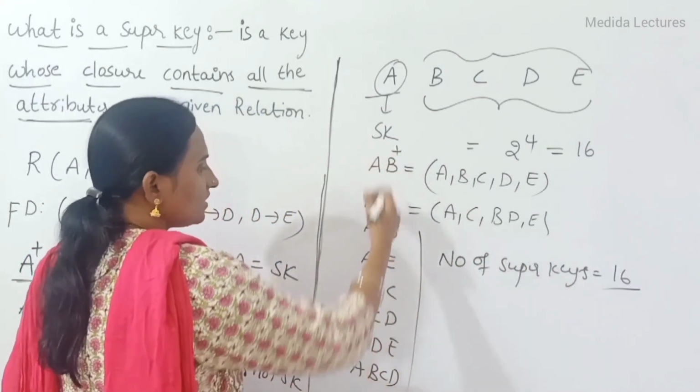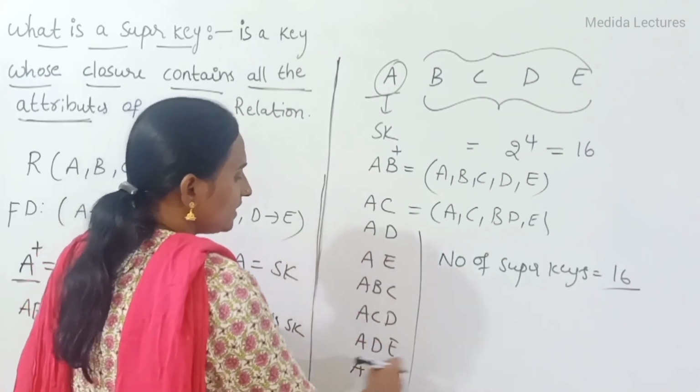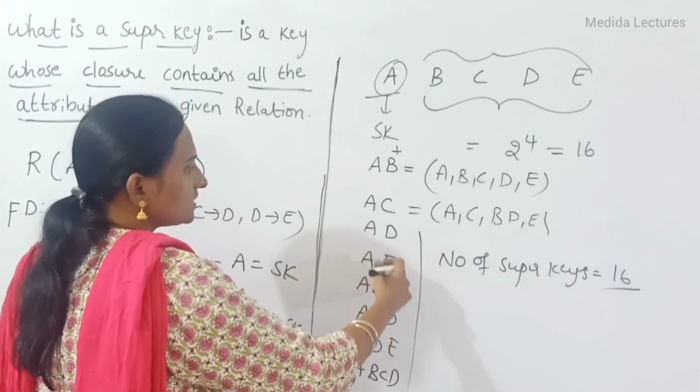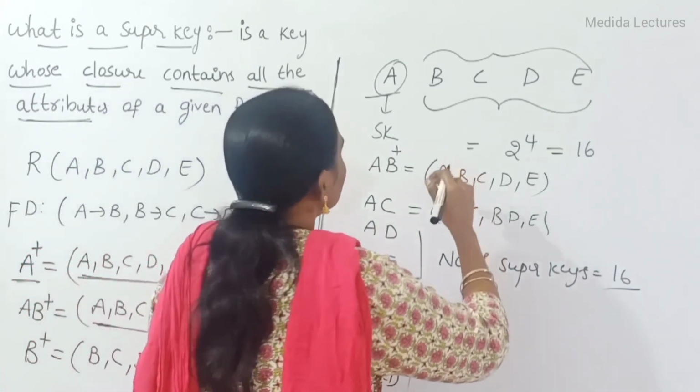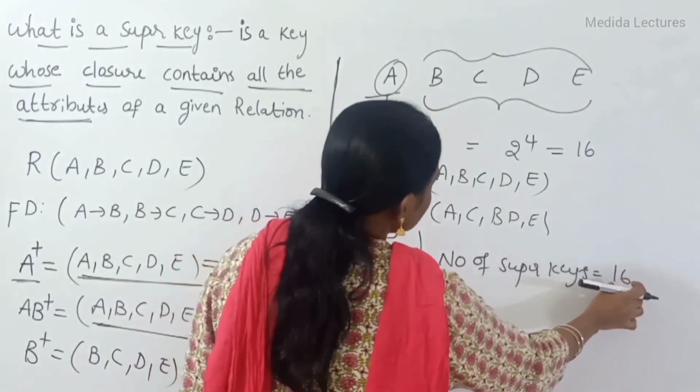These are the possibilities of super keys: A, AB, AC, AD, ABC, ADE, ABCD, and so on. These are the possible super keys. If A is a super key, we get 16 super keys.